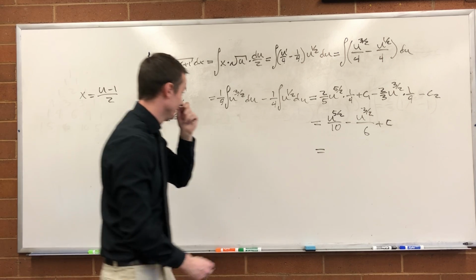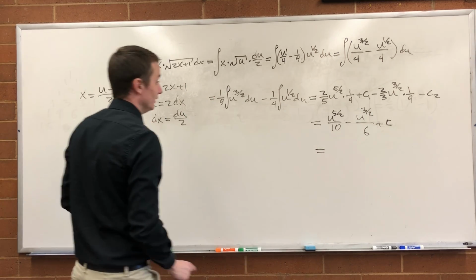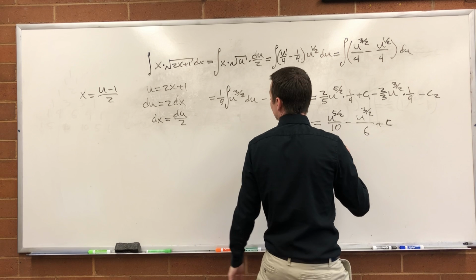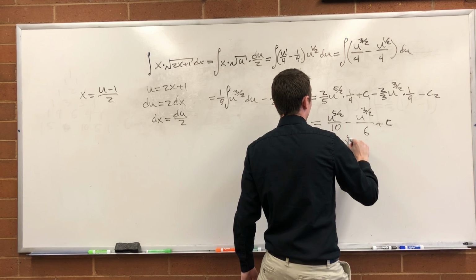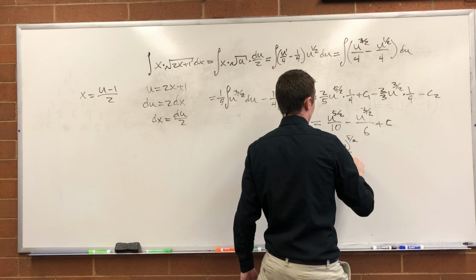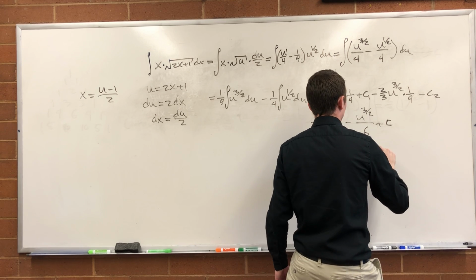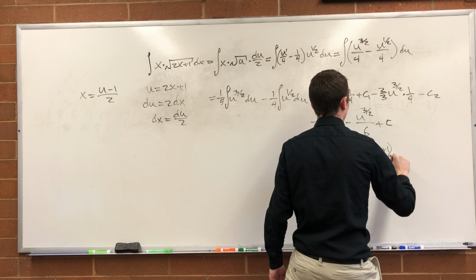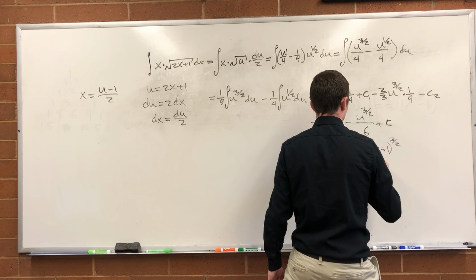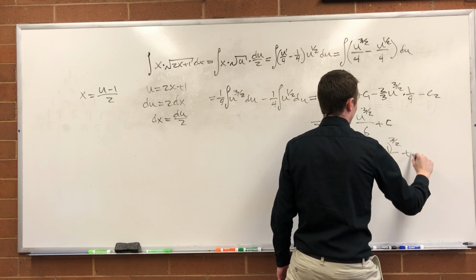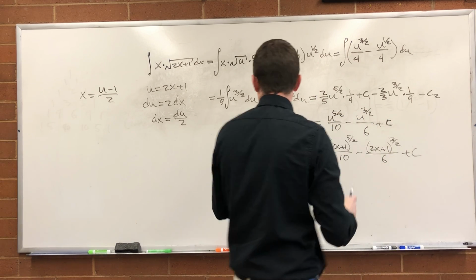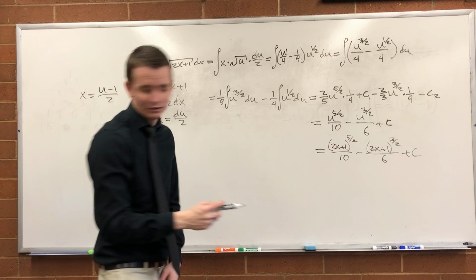So we have one more step, which is (2x plus 1) to the 5/2 over 10 minus (2x plus 1) to the 3/2 over 6 plus C. Maybe they're going to factor out a 3/2. I don't know if they're going to do that.